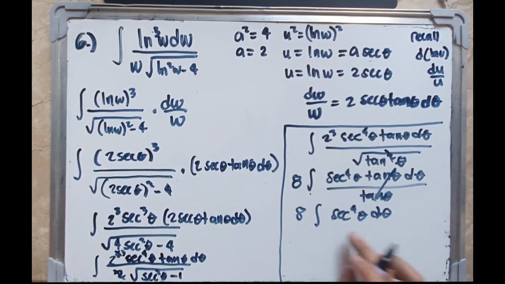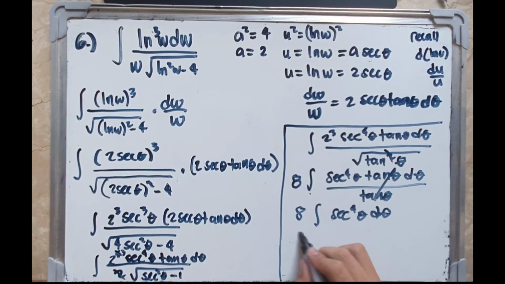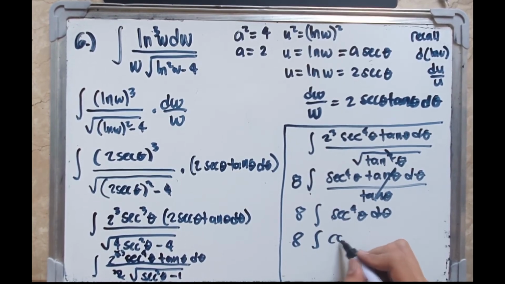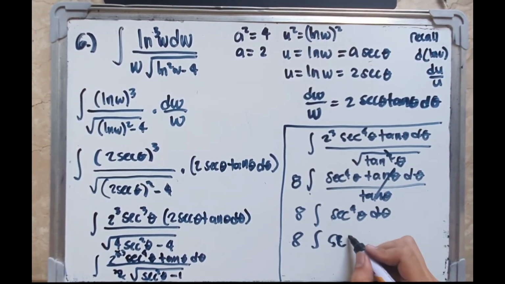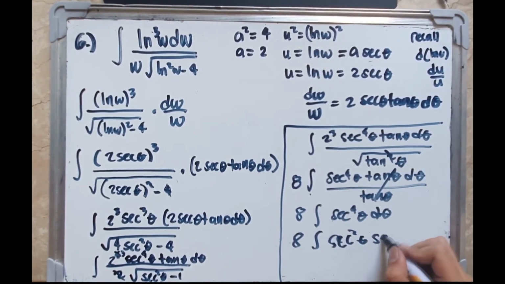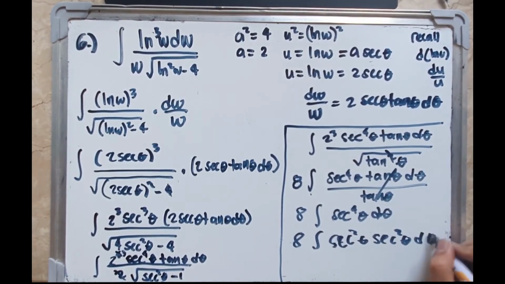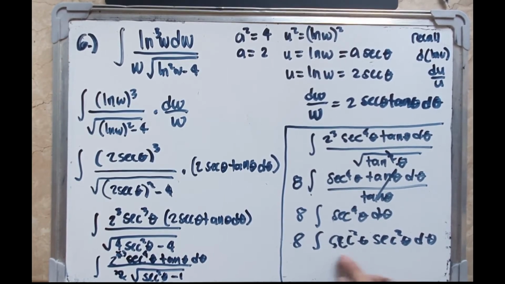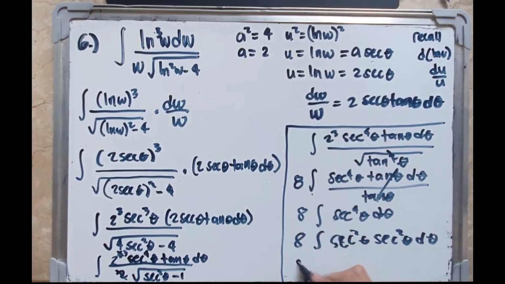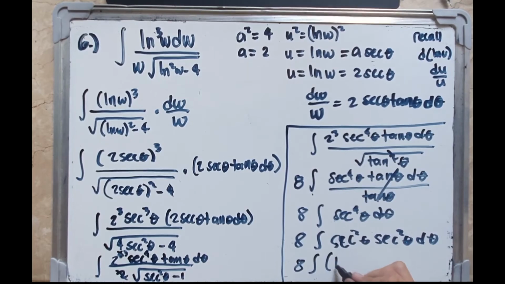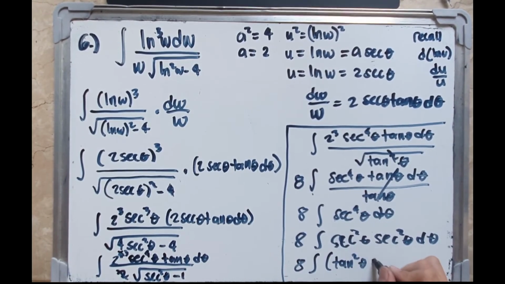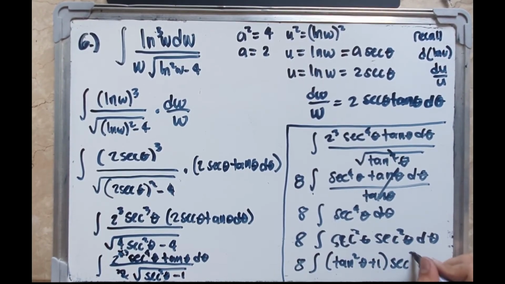We have powers here, so we'll split that into secant squared theta and secant squared theta d theta. Let's convert one of these in terms of tangent: 8, we have tangent squared theta plus 1, secant squared theta d theta.